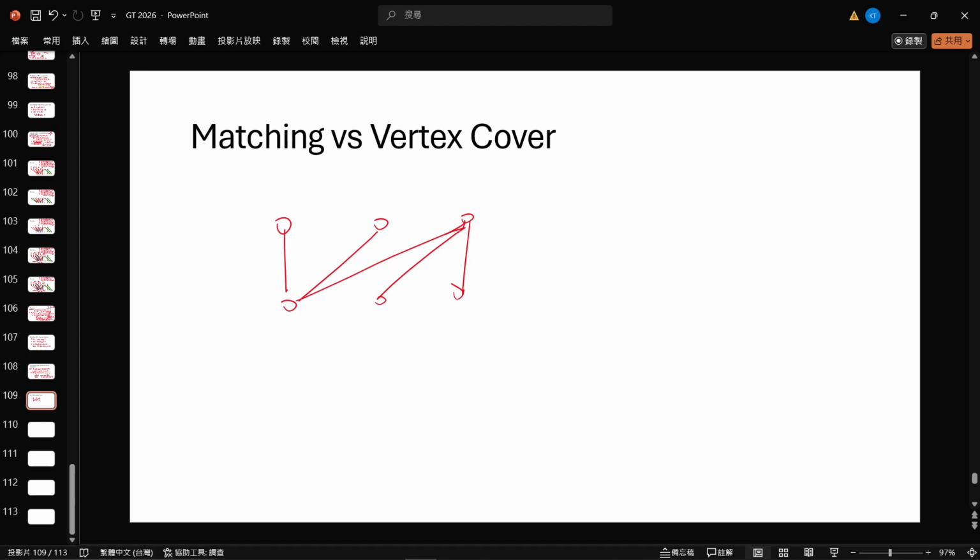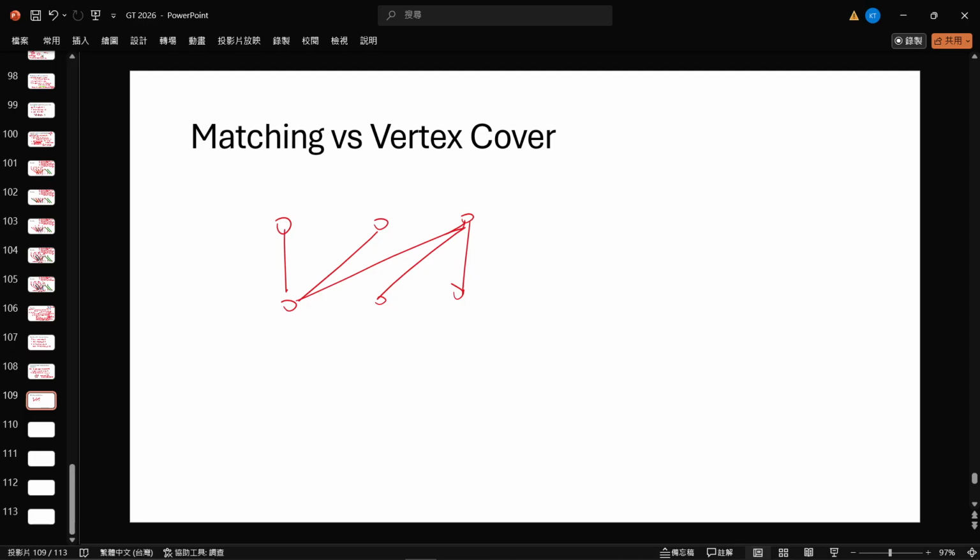Okay, so let's try to find the minimum vertex cover, the smallest vertex cover to cover every edge. So how many vertices can you choose to cover every edge in the graph?